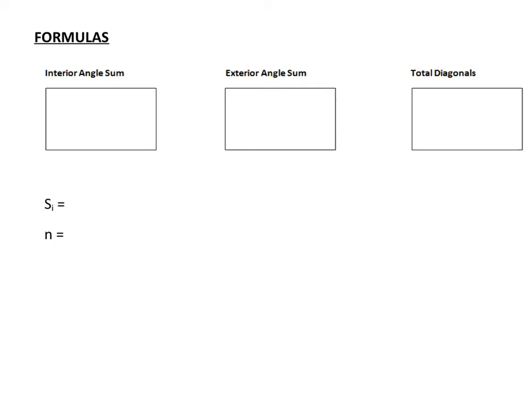Alright, so we're going to put some formulas in our notes. The first is for the interior angle sum. So what that means is, let's say you have a polygon, it's a triangle. If you were to add up the 3 angles, what would the sum be? And the way that we find that is by using this formula.